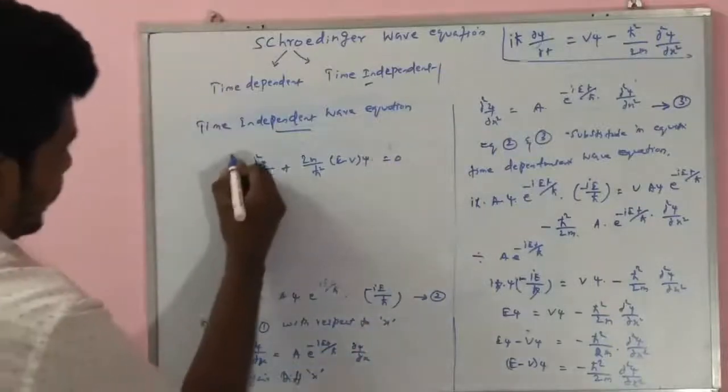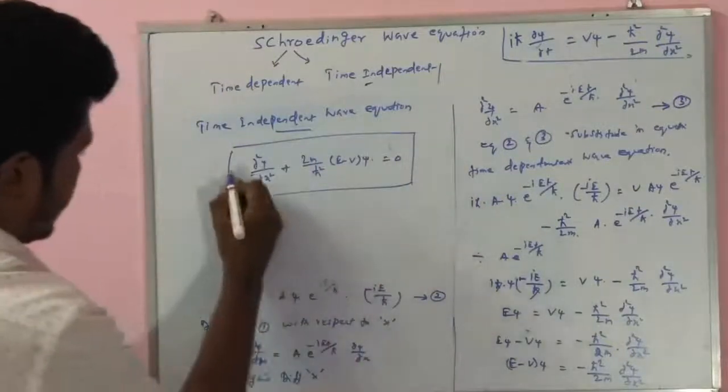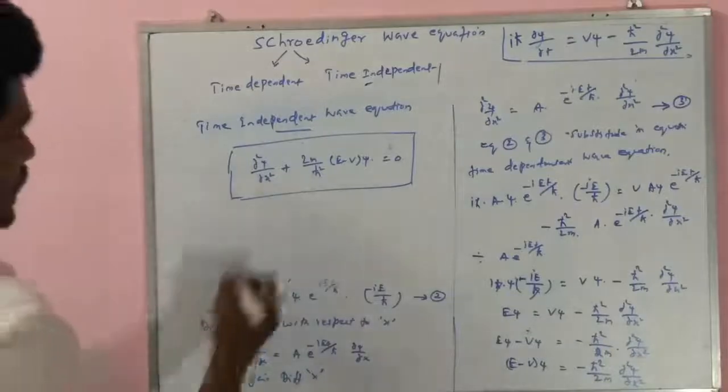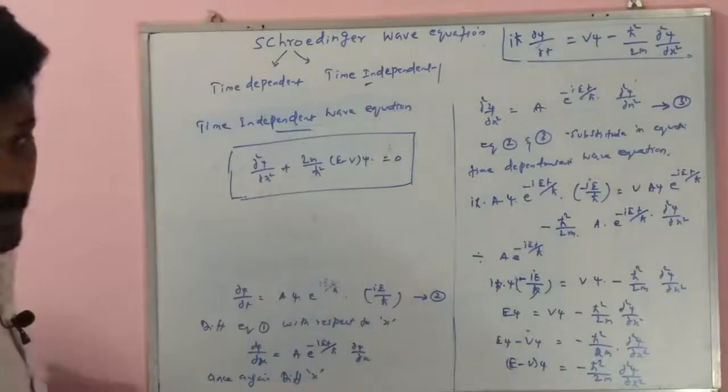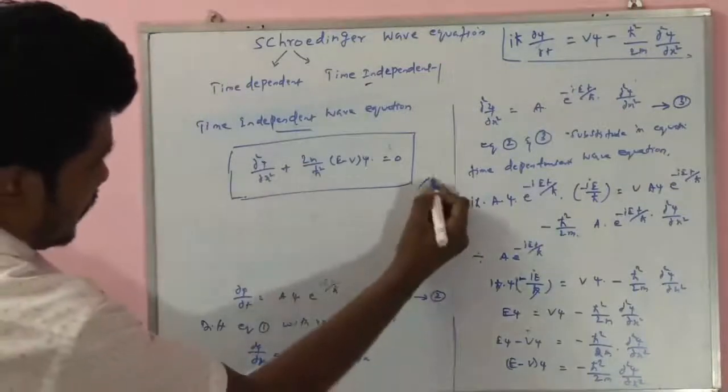Understand? This equation is known as the Schrodinger time independent wave equation. In this case, there are no t values. Time independent wave equation, the final answer.